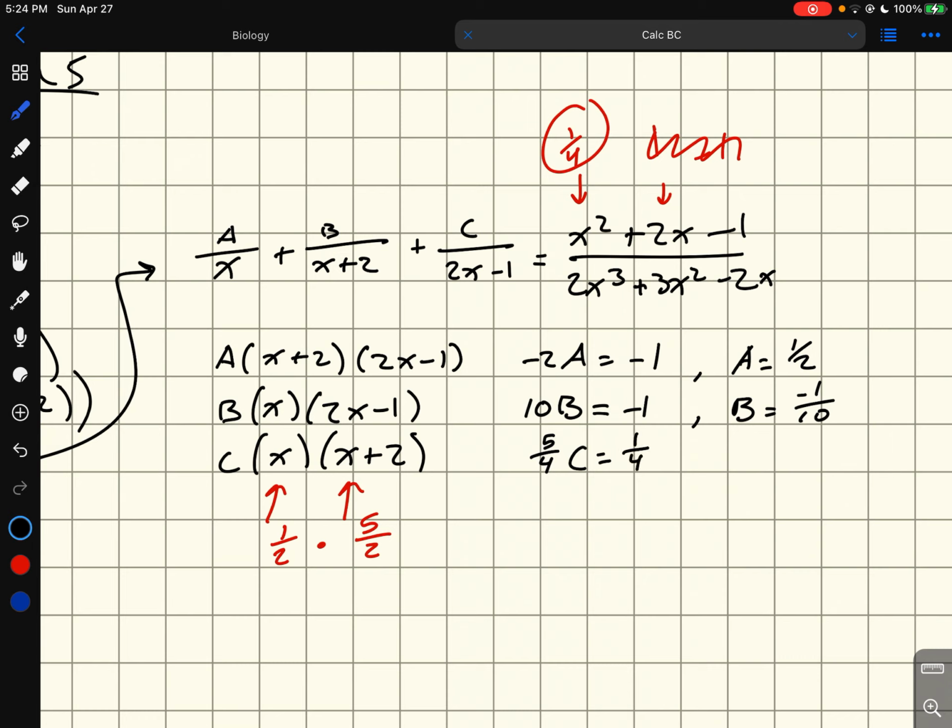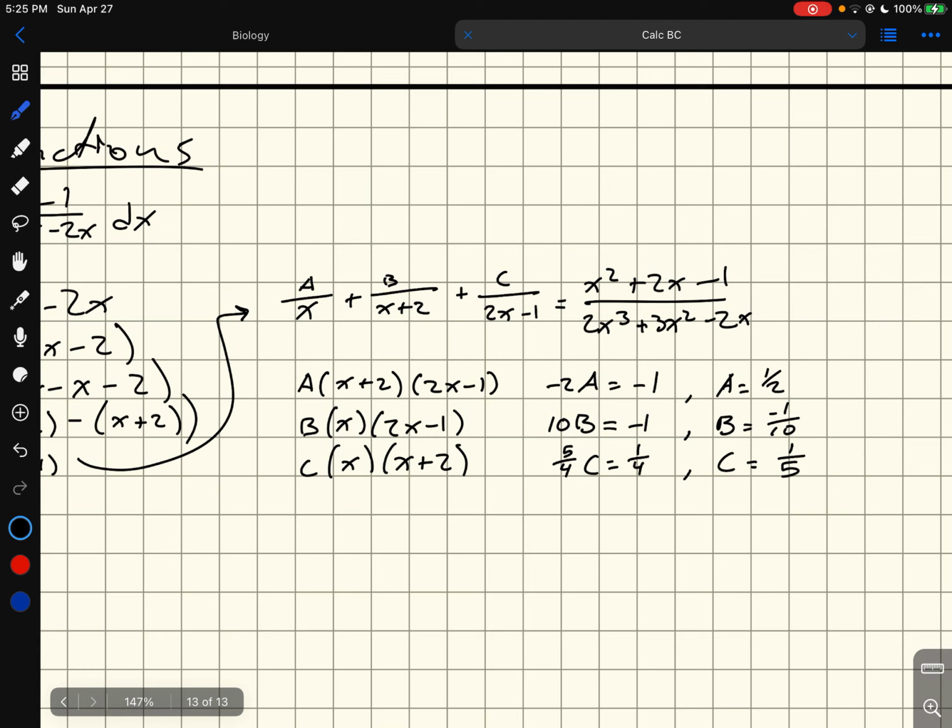And then this is the 1/4. Whoops, I added them by accident. These two. Okay, so that's the correct part. And then C equals, multiply by 4/5, so the 4's cancel out. You get 1/5.